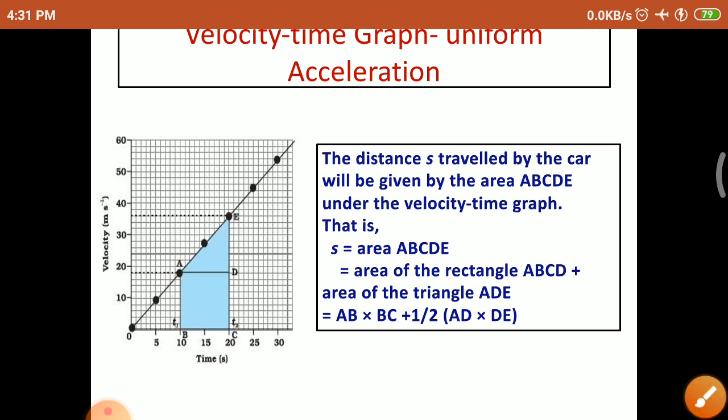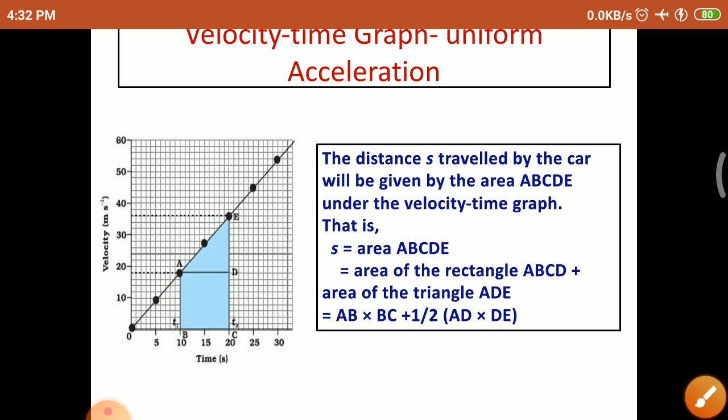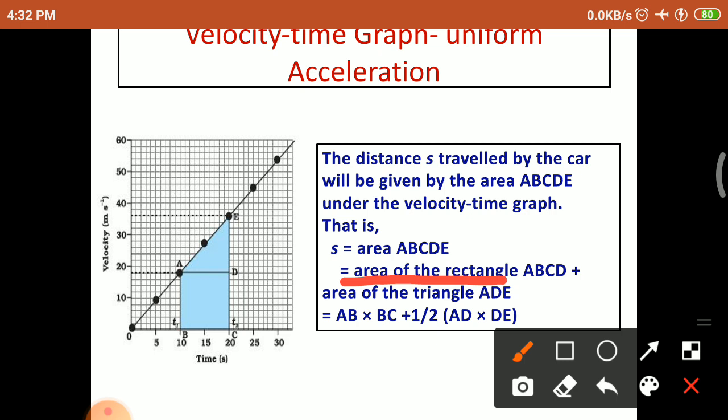So for the area ABCDE, we will write the area of the triangle and the area of the rectangle. What is meant by the area of the rectangle? Length into breadth. Here length is AB and breadth is BC. So I wrote the area of rectangle ABCD equals AB into BC.